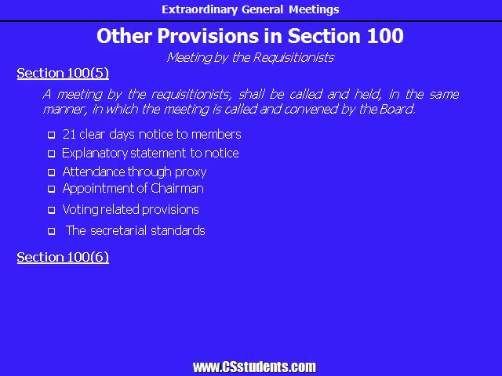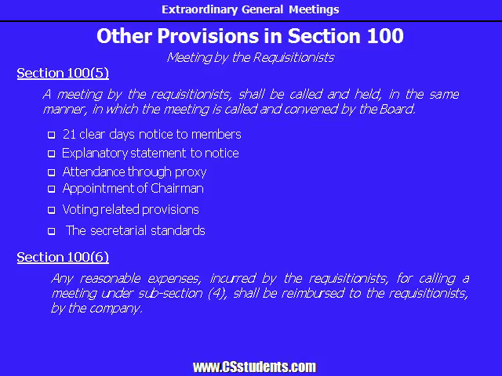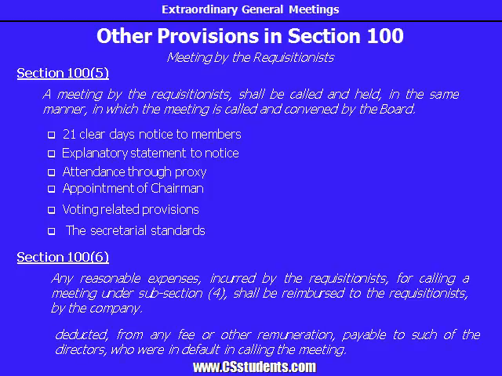Subsection 6 provides that any reasonable expenses incurred by the requisitionists for calling a meeting under subsection 4 shall be reimbursed to the requisitionists by the company. This subsection also provides that the sum so paid shall be deducted from any fees or other remuneration payable to such of the directors who were in default in calling the meeting.